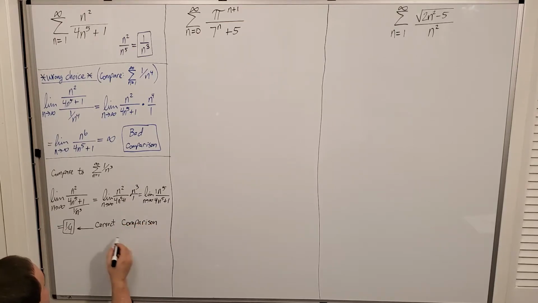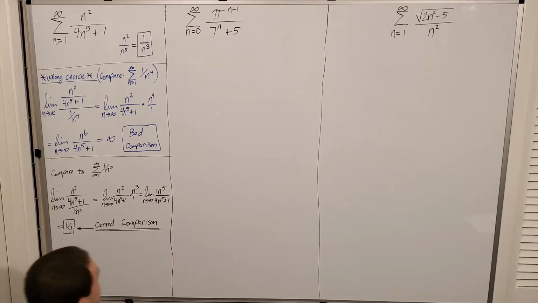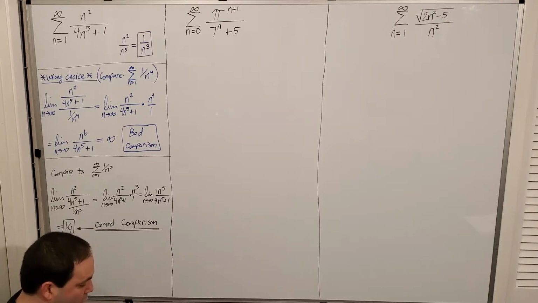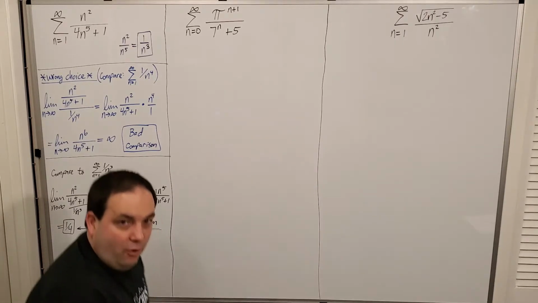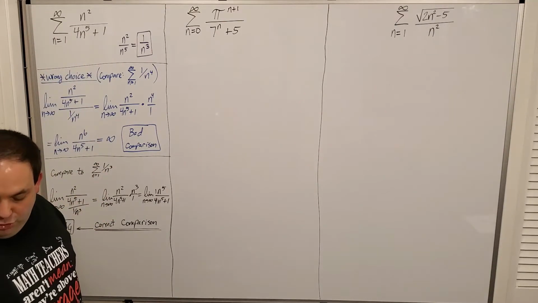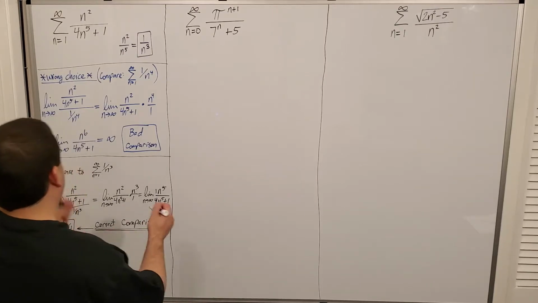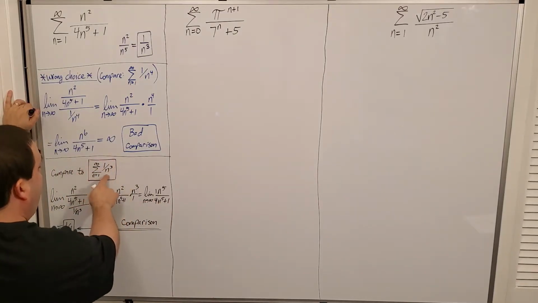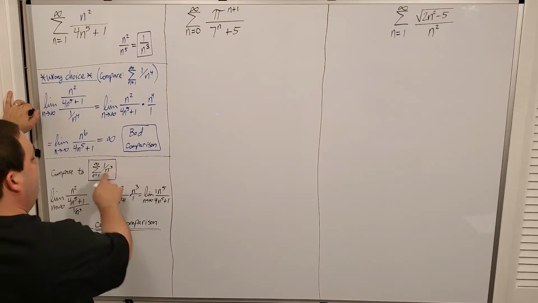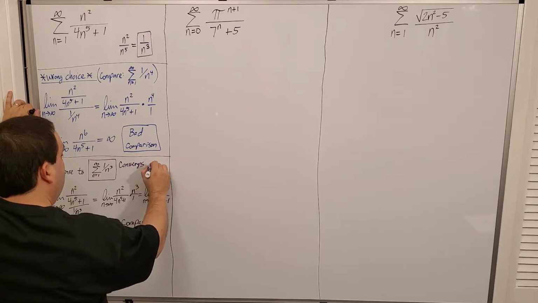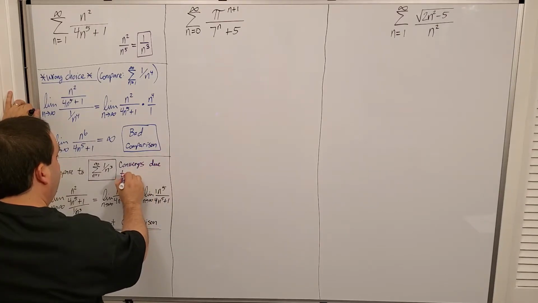It doesn't say converge, it doesn't say diverge. It just says, yes, your comparison was a success. What tells me converge or diverge in this case is whatever the thing I'm comparing it to is. Okay? Now I'm comparing it to this, and that's a p series where p is equal to 3. So this converges due to p series.